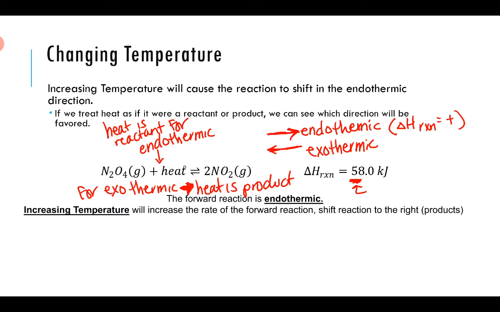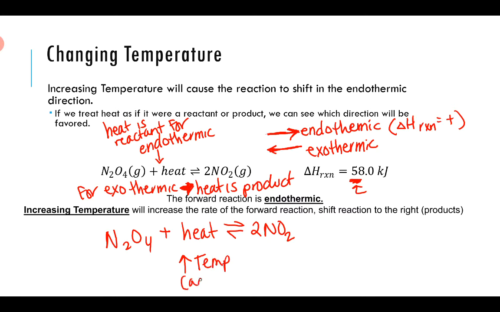Okay, so now that we have heat as part of our equation, we can think of it in terms of adding or removing a reactant. So here, I'm just going to rewrite it. We have N2O4 plus heat, 2NO2. If I increase the temperature, then that means I'm adding heat.